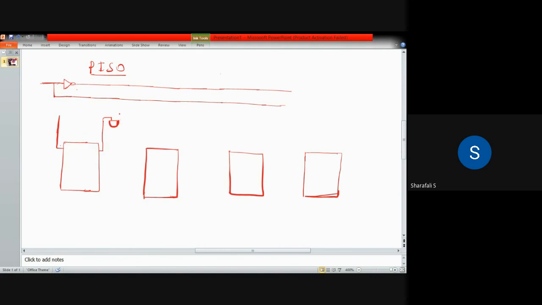The connection from here is also given to this AND gate, and one more AND gate is there. And we have the bit connection first, and then this one connected.